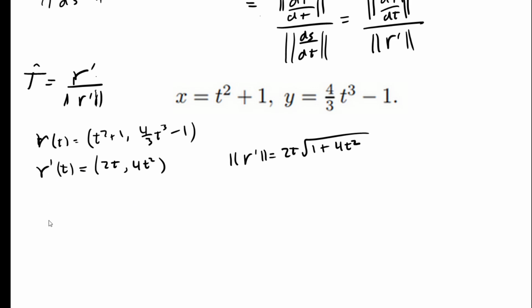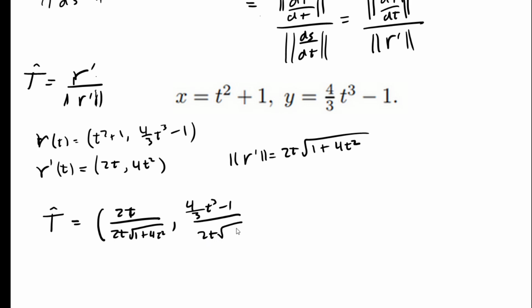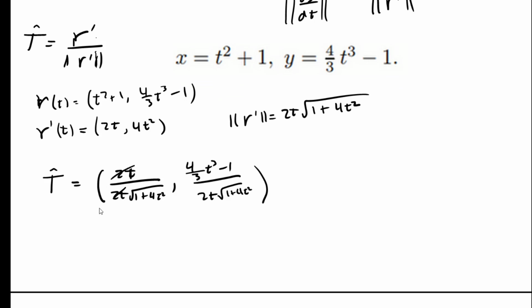Okay, so the unit tangent vector is going to be 2t over 2t root 1 plus 4t squared, and then this. Ew, we have to differentiate this? That's gross. Okay, so here it cancels.